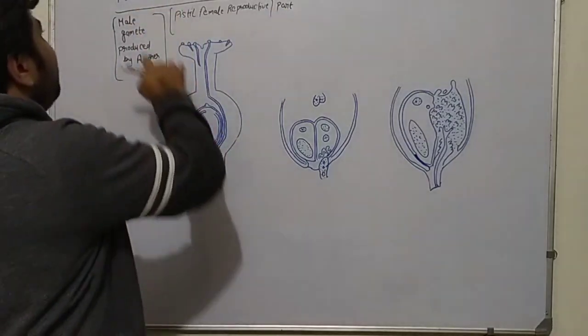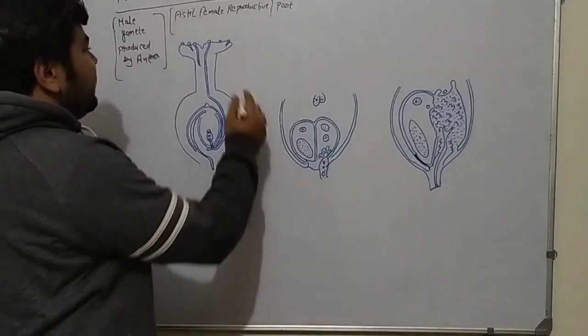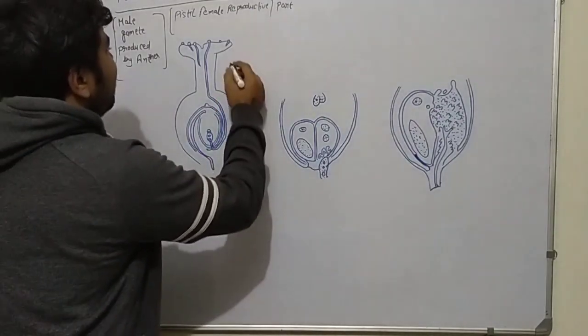The interaction between pollen and the pistil is called pollen pistil interaction. This is the structure of the pistil.